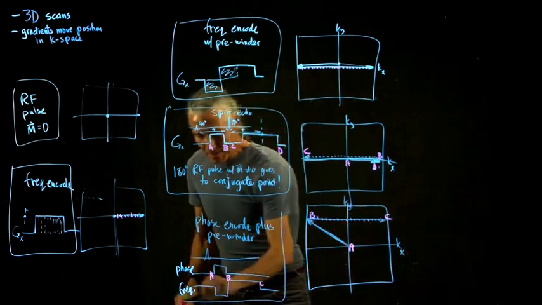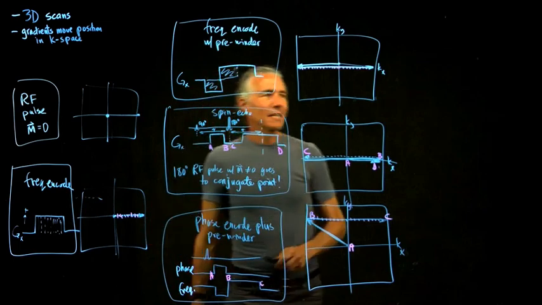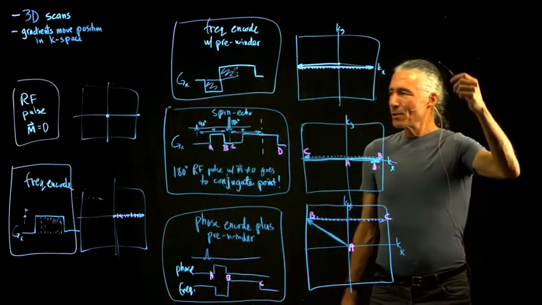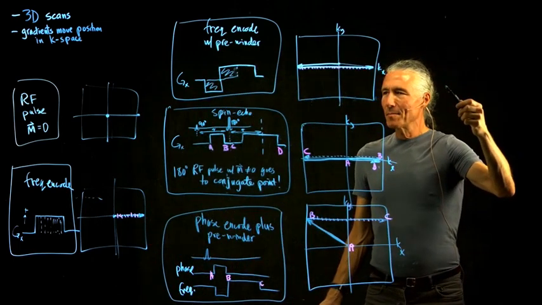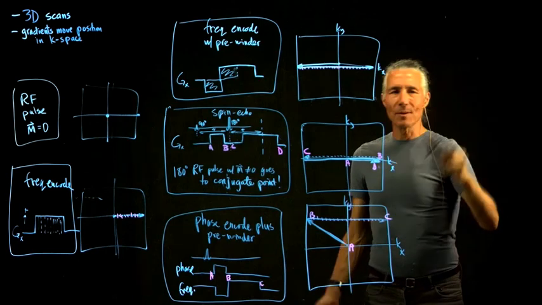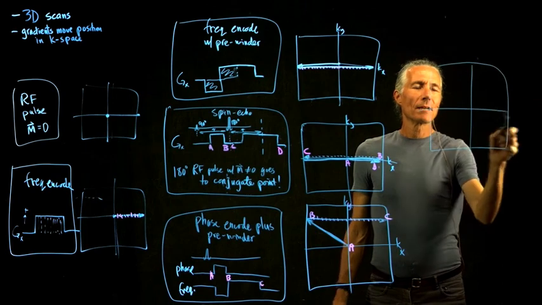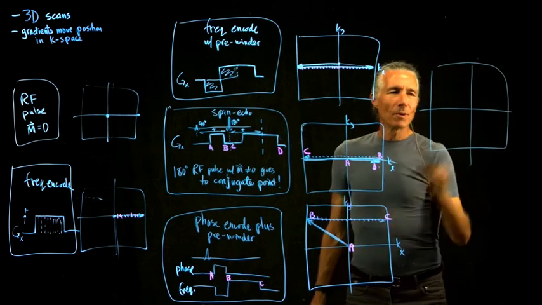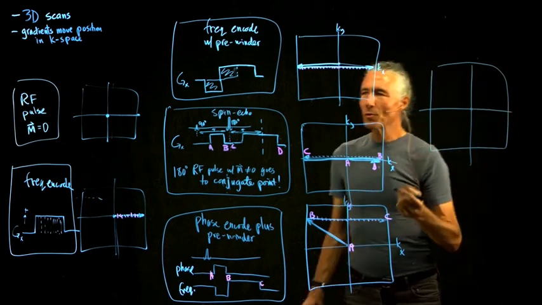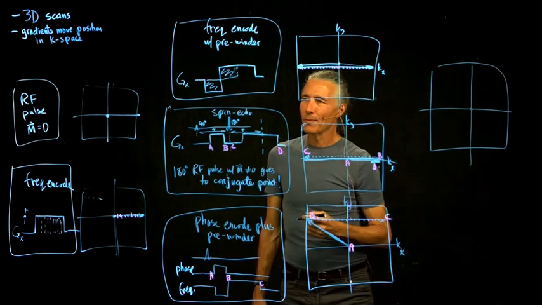So there's that. And then, what about if we turn on two gradients at the same time and record data? That's possible. So one thing we can do is do an RF pulse and then turn both gradients on at the same time.